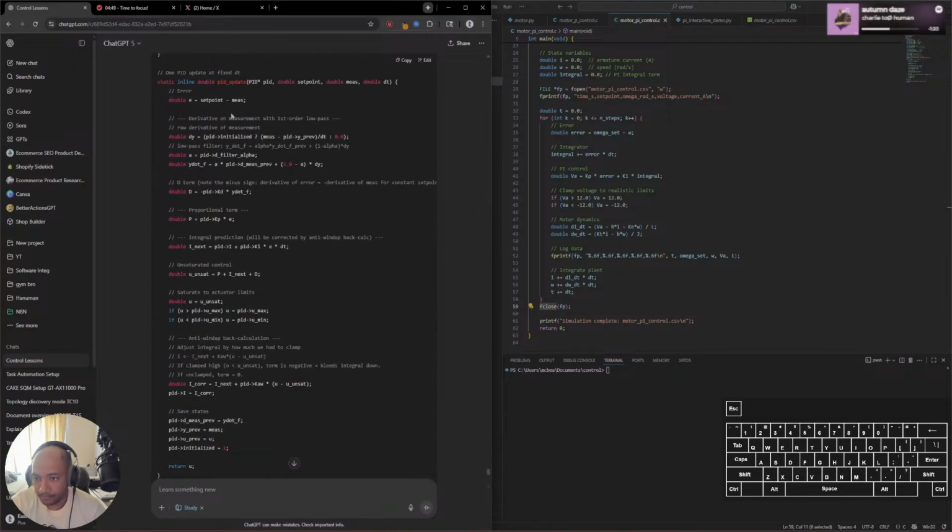So, set point, measurement, and DT. So this is my error. It's gonna be my set point minus my measured. My derivative on measurement with first order low pass, dy, is measurement minus PID previous divided by dt.